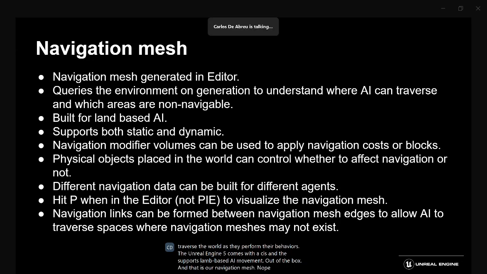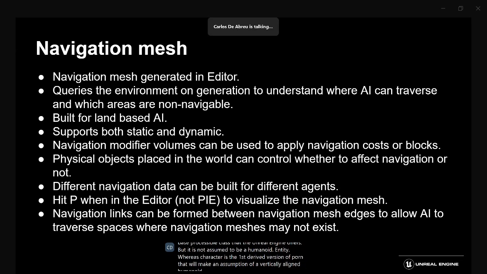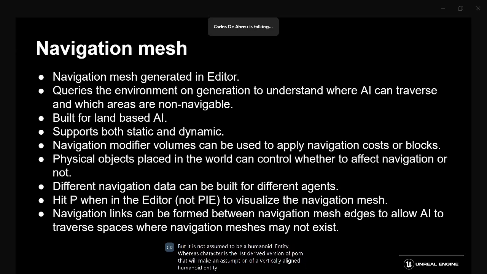Pawn is the base possessable class that the Unreal Engine offers, but it is not assumed to be a humanoid entity, whereas Character is the first derived version of Pawn that makes an assumption of a vertically aligned humanoid entity. It is primarily these entities that make use of the navigation system.